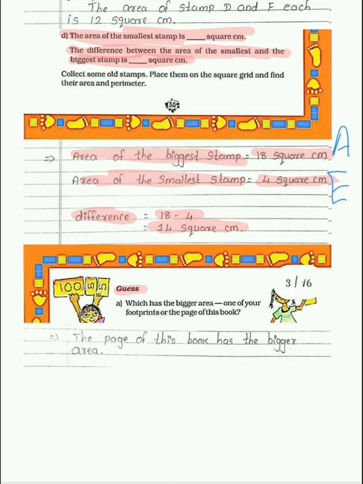Here there will not be any long method or counting. We just have to understand and answer it. A1, which has the bigger area? One of your footprints or the page of this book? Can you tell me practically what the answer will be?